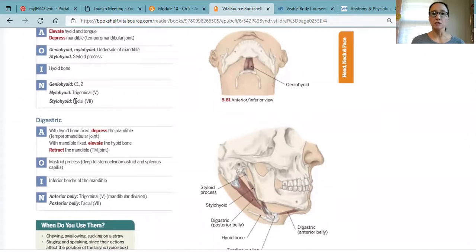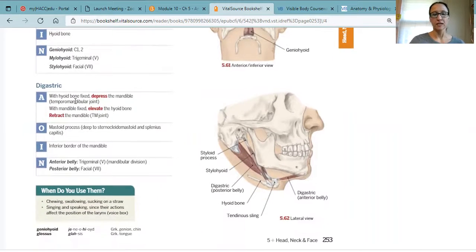So the suprahyoids do have an important role. Digastric in particular, this is digastric here. So this is the anterior belly of it. There's another tendinous sling and it's on the hyoid bone. Then it makes a sharp turn back toward the mastoid process of the temporal bone. And basically what this one does is it depresses the mandible and retracts the mandible.